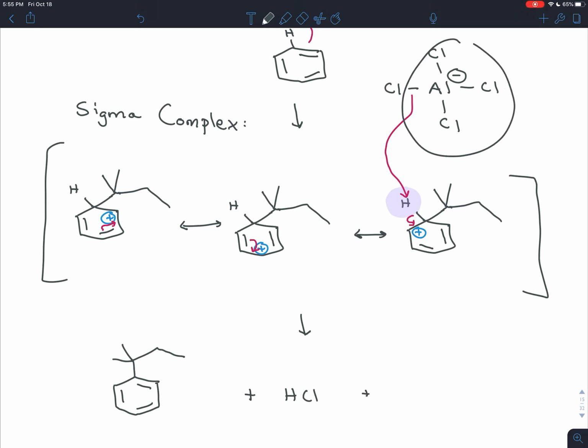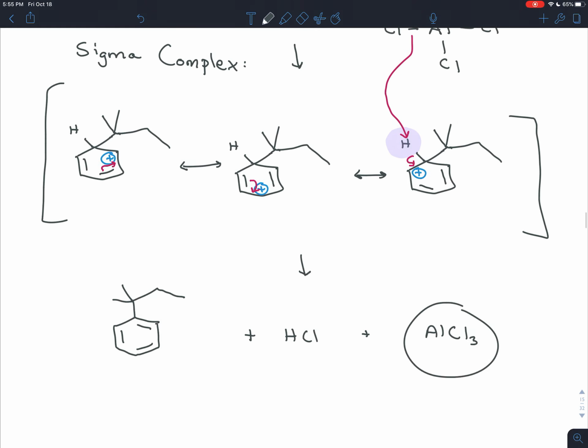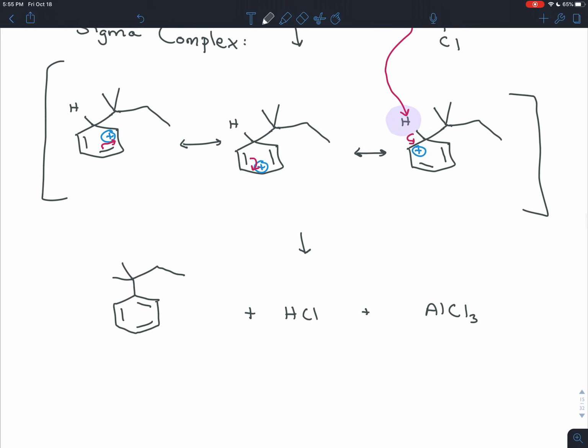And you also have what's left, AlCl3, aluminum trichloride. And that's what we started with, so that's really a catalyst. It helps the reaction to happen, but it doesn't get used up. It's reproduced at the end. So ultimately the result is that we took that carbon and we attached it to a benzene ring, or if you want to think about it the other way, we put this benzene ring onto a carbon chain.